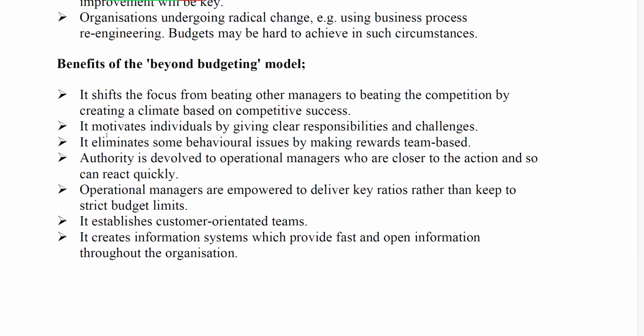With beyond budgeting, authority is devolved to operational managers who are closer to the action and so can react quickly. Operational managers are empowered to deliver key ratios rather than keep to strict budget limits. It establishes customer-oriented teams, and it creates information systems which provide fast and open information throughout the organization.